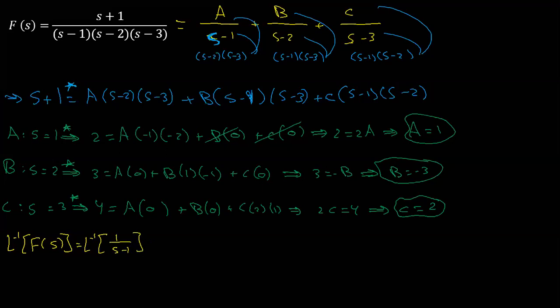Second one, which is B. Don't care about the number, so take negative 3 out of the Laplace inverse, and you have 1 over s minus 2. And also take the 2 outside of the inverse because it's a constant, and you have to find 1 over s minus 3. Now, which rule should I use to find the inverse of this? Check your table, please. All of you, please.